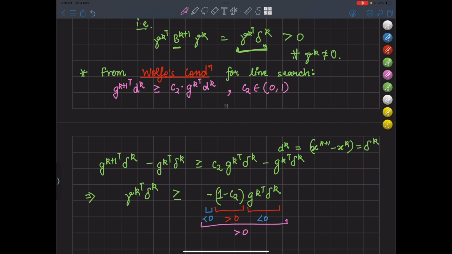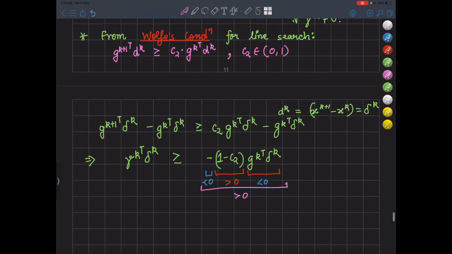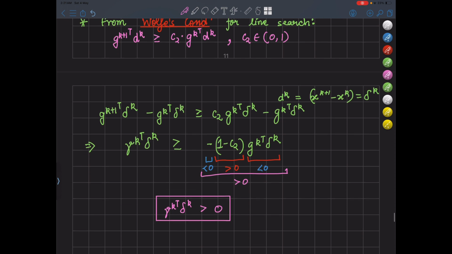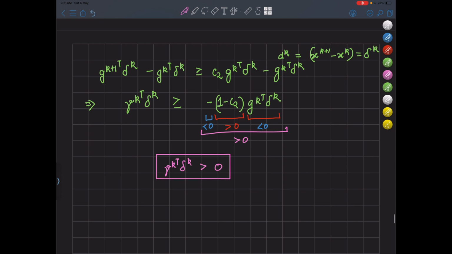This whole quantity is greater than 0, which means if we use Wolfe's condition to select the step length, then gamma k transpose delta k is always greater than 0, right? Which means there always exists a bk plus 1 which is positive definite.